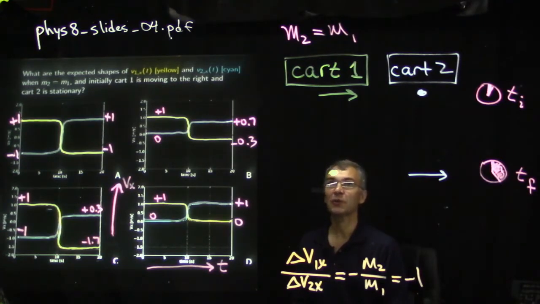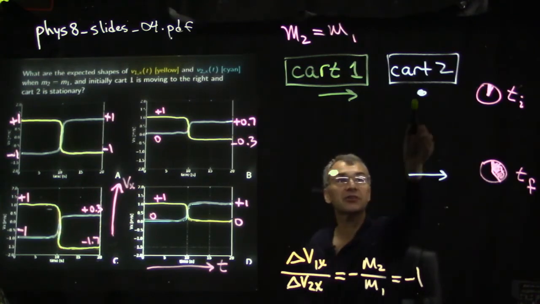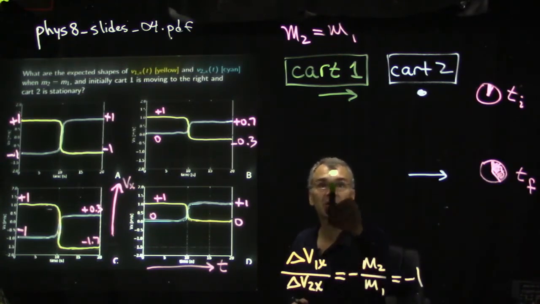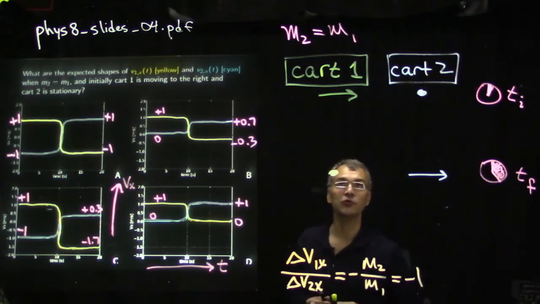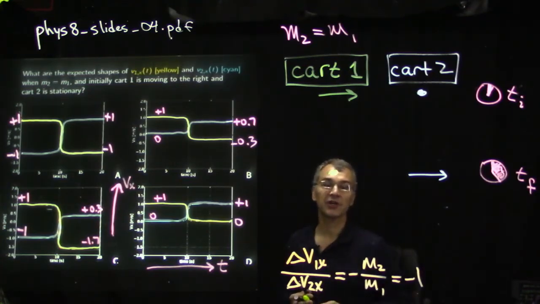In the clip, cart 1 will initially be moving to the right, and cart 2 will initially be stationary. They're going to collide, and it looks as if after they collide, cart 1 stops dead in its tracks, and cart 2 continues, and in fact cart 2's outgoing velocity seems to be the same as cart 1's incoming velocity.